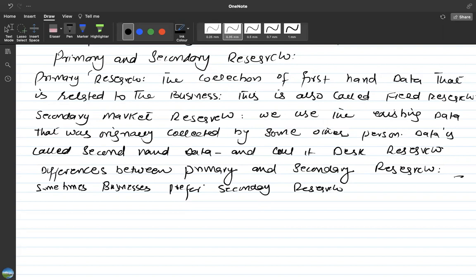There are multiple reasons for that. First of all, it's sometimes available free of cost. So we call that cheap to collect, because it's available in newspapers, you can read that article and use that data. It's also used to collect the main features of the market easily.